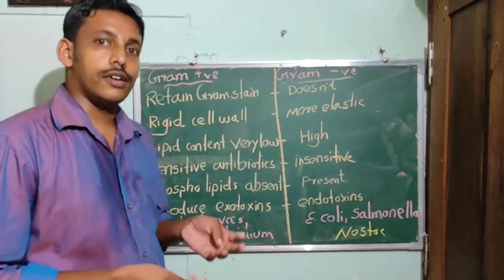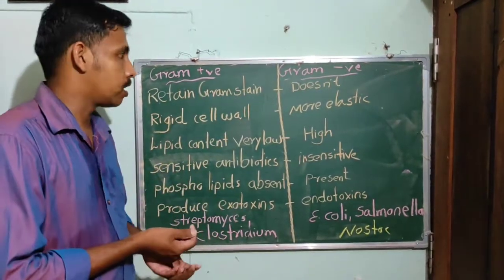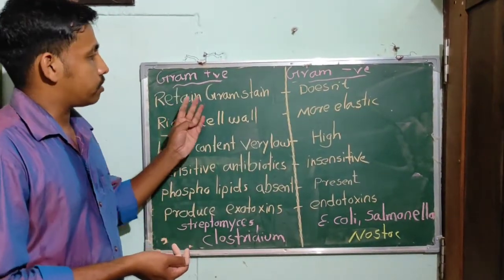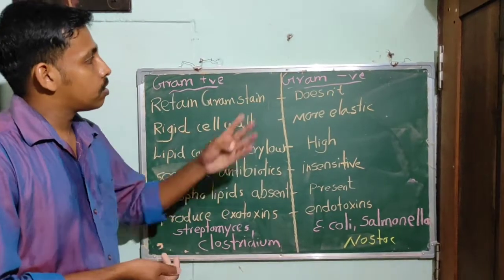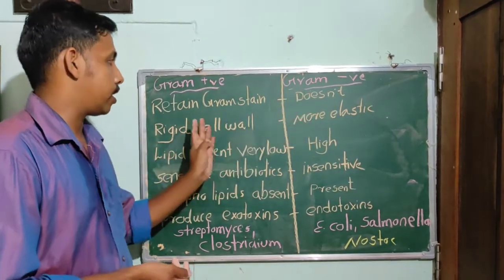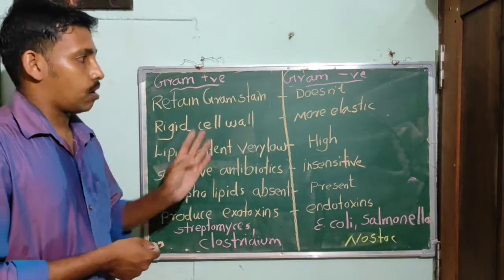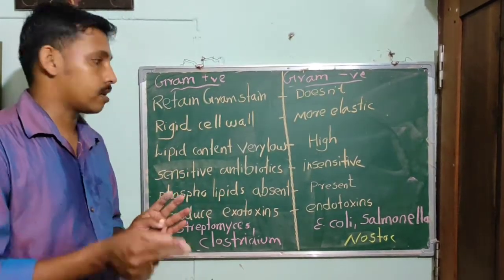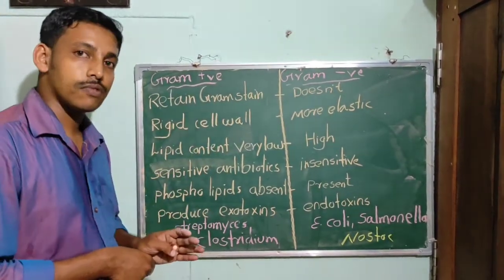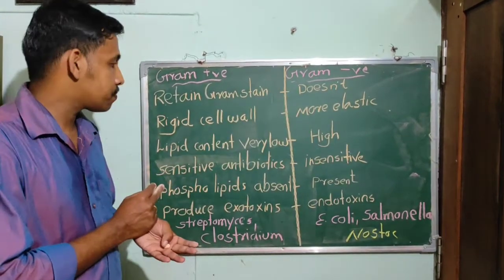Gram positive bacteria retain the gram stain, but gram negative bacteria do not retain it. Gram positive bacteria have a rigid cell wall due to a high amount of peptidoglycan, while gram negative bacteria have a more elastic cell wall.